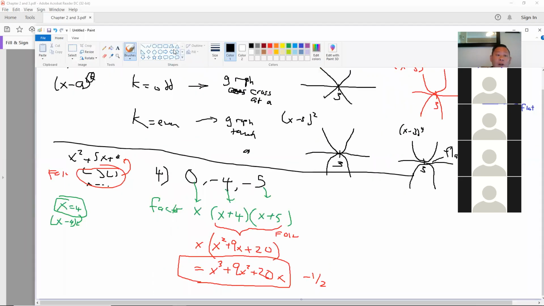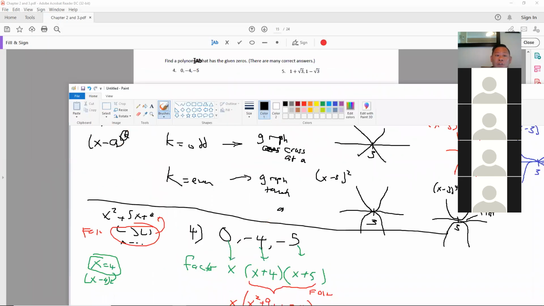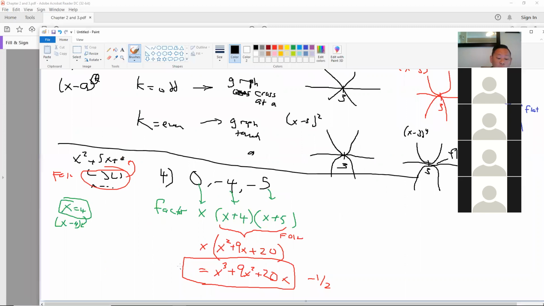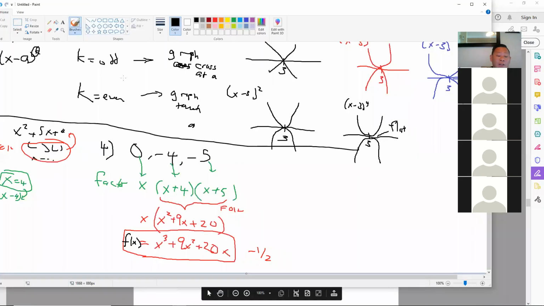Polynomial functions should have a function name, so you do need to give me f of x here. A lot of students lose half a point on the test because they forget to give me f of x. Okay, so don't forget about that. Make sure you FOIL this out, and then at the end put f of x in there.